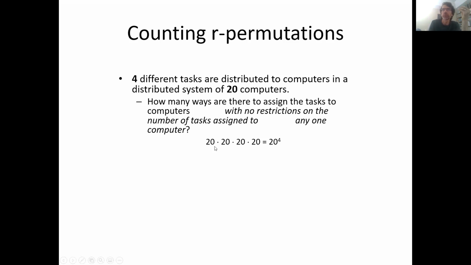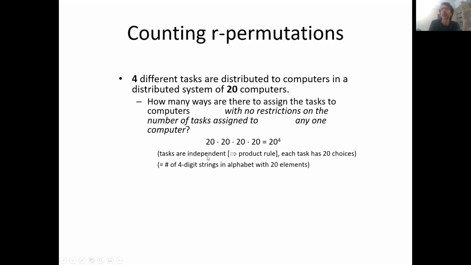Well, there are 20 choices for the first task, 20 choices for the second, etc. Because if the same computer can do the second task, then the number of choices for the second task is the same as for the first task. So it's just 20 to the 4th, because it's just the product rule.